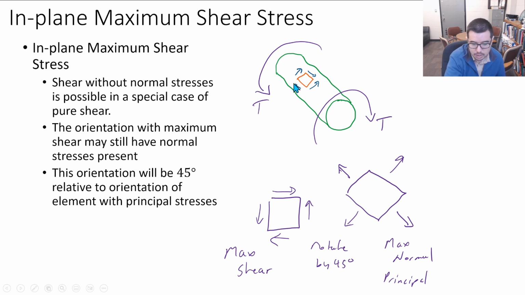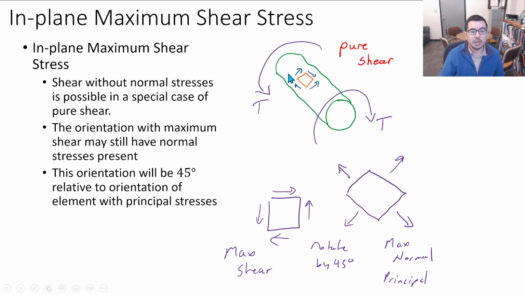So this is a case of pure shear, like we see there, and this element, for example, on a shaft, is being twisted. There are no normal stresses coming through this element or through this cylindrical shaft. There's just torque being applied at either end. And we've looked at these cases of pure shear previously.